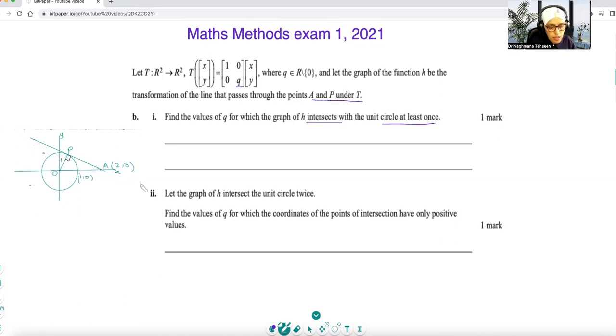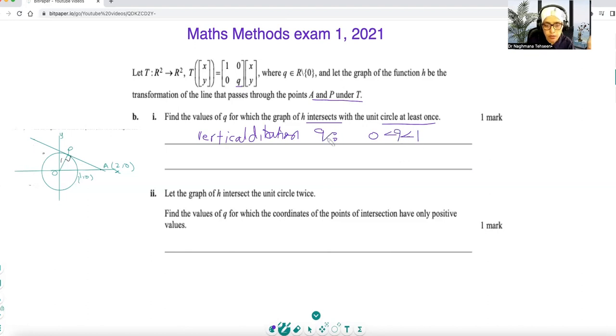So Q here is a vertical dilation by factor Q. Because we want it to intersect at least once, the value of the dilation factor has to be between 0 and 1.